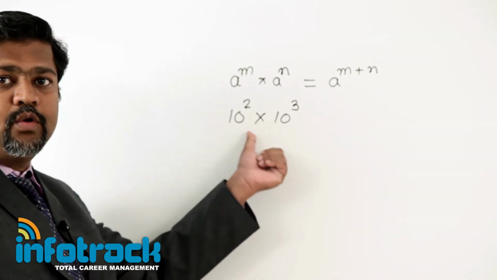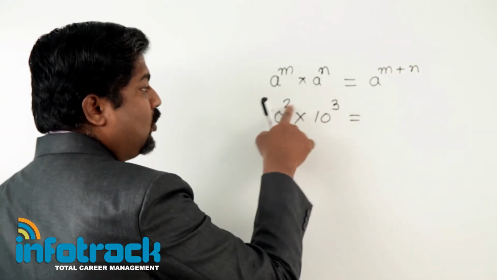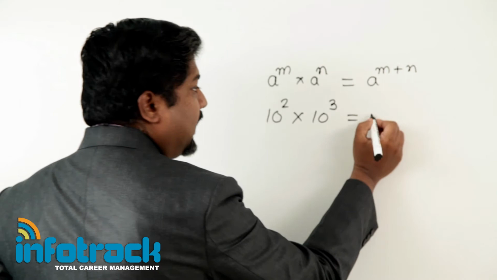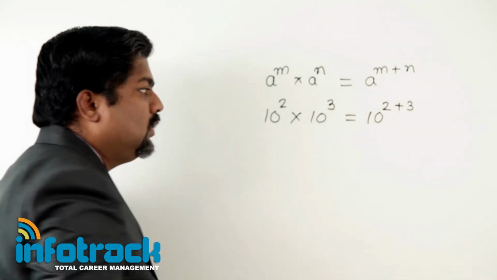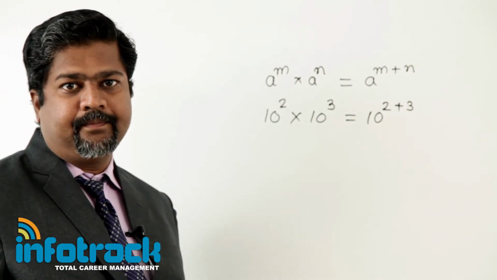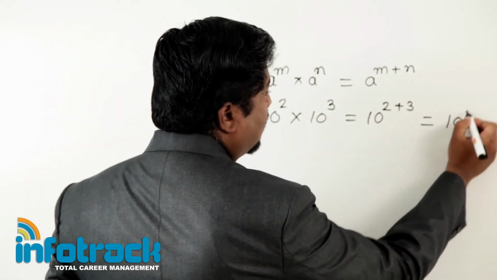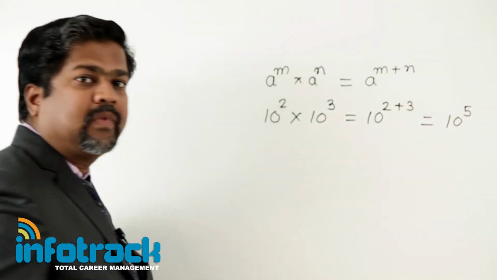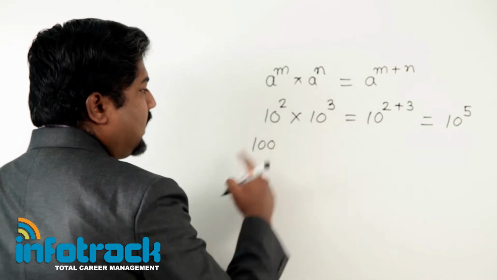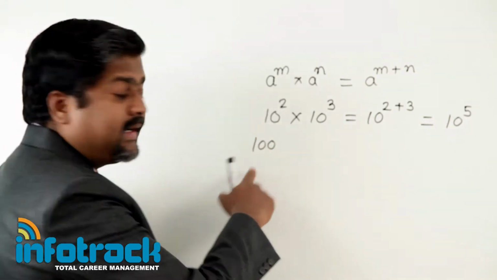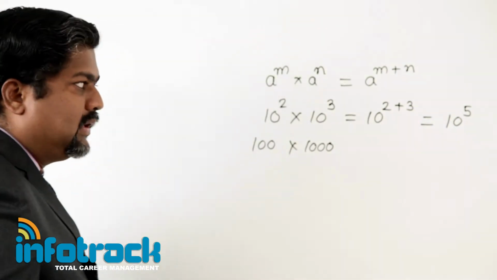So here 10 into 10, the number must be same. So 10 to the power of 2 into 10 to the power of 3. So what am I getting here? 10 raised to 2 plus 3. So our answer is 10 to the power of 5. Want to check? Let us check. 10 to the power of 2, you are aware that is 100, into 10 to the power of 3, that is 1000.